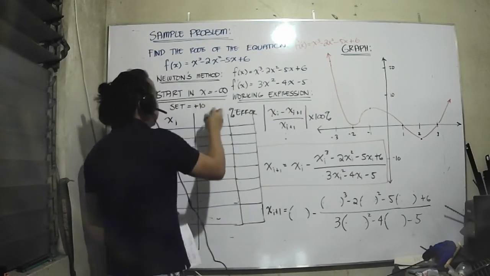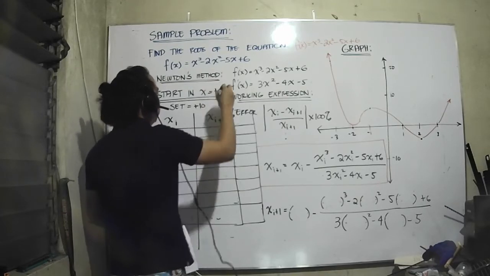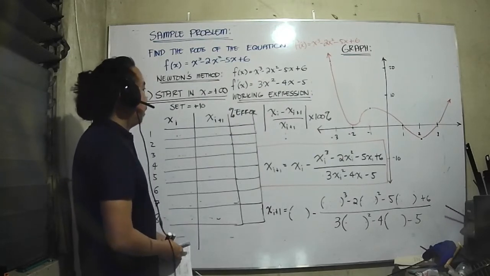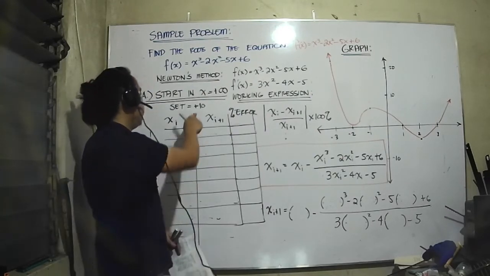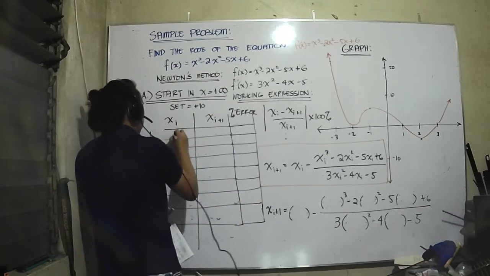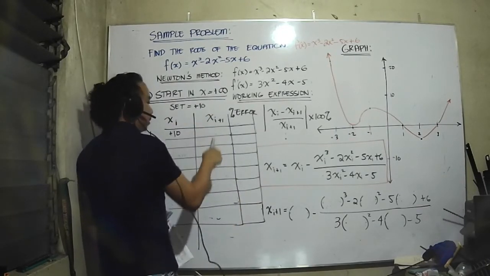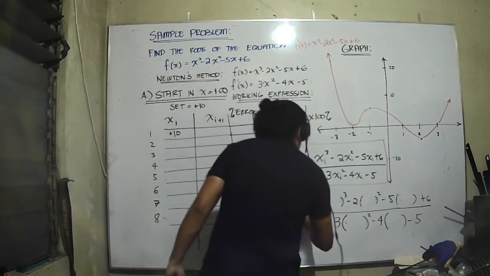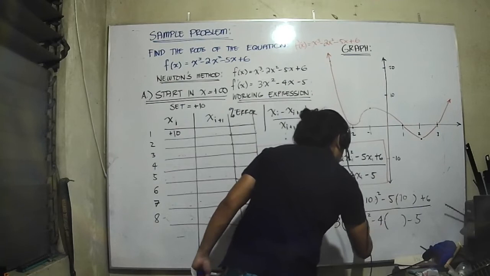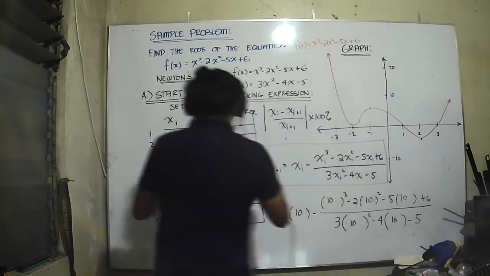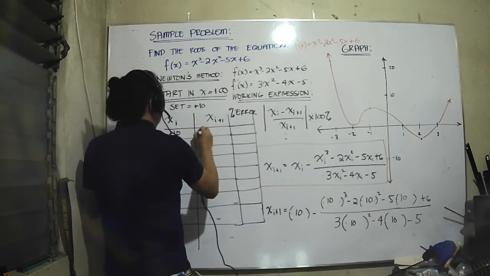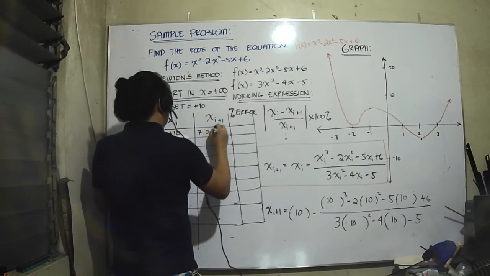Okay. Earlier it was from the negative infinity side of the domain. Now we start from positive 10. I punch in 10 here. Then if I plug in our 10, we will have 7.0352.